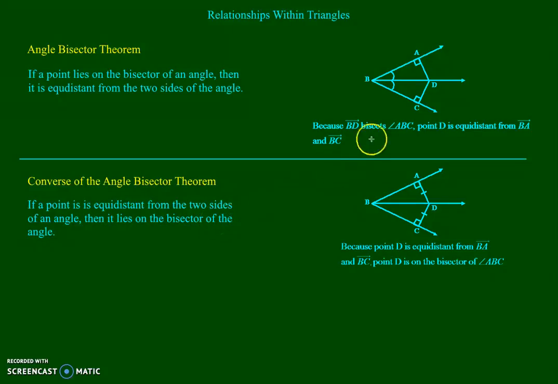So just as a quick recap, if a point is on the angle bisector, then it is equidistant from the sides of the angle. If a point is equidistant from the sides, then it is on the angle bisector. So we know that this cuts this angle into two equal pieces. So let's go ahead and see if we can't work some examples for this couple of theorems.